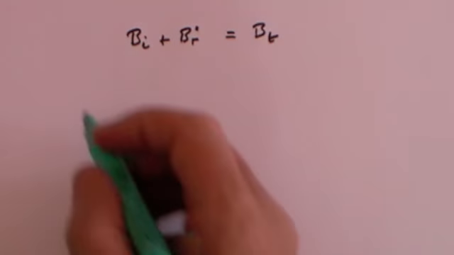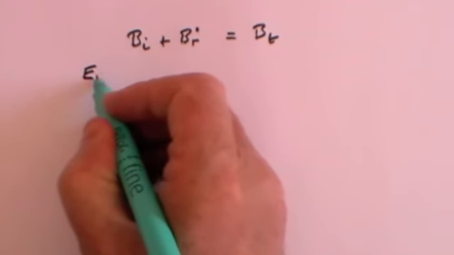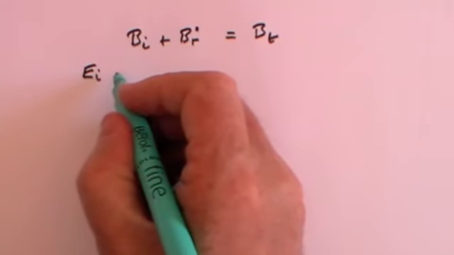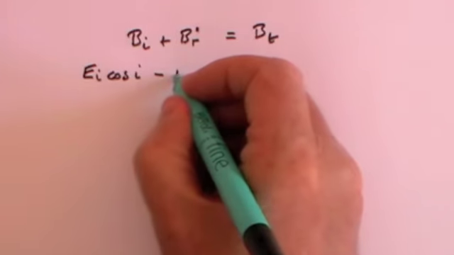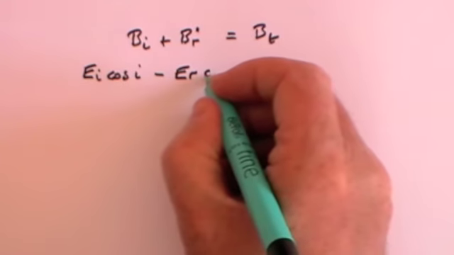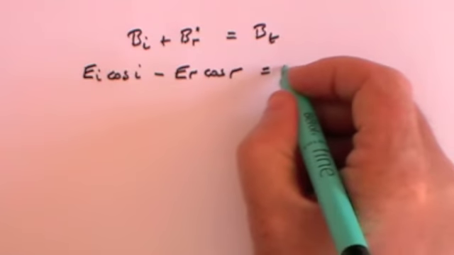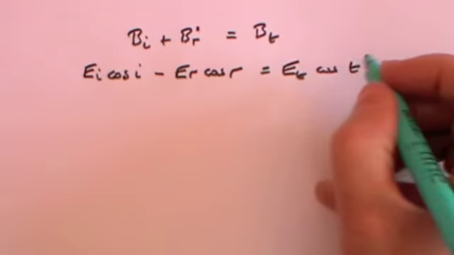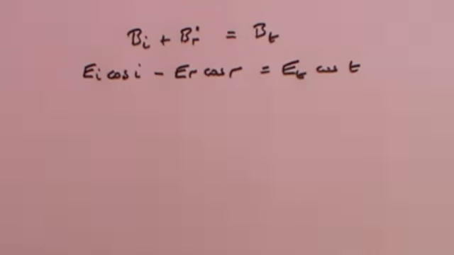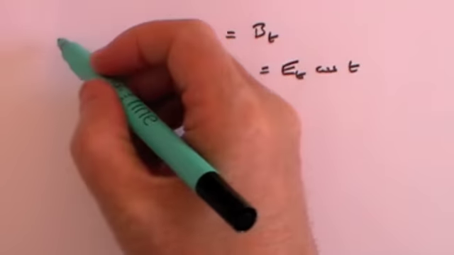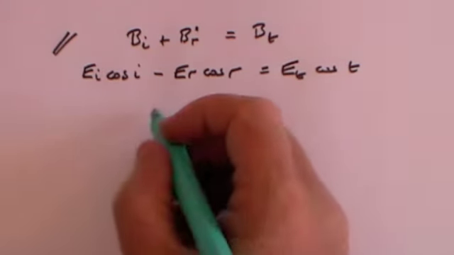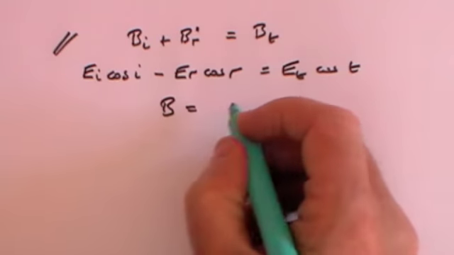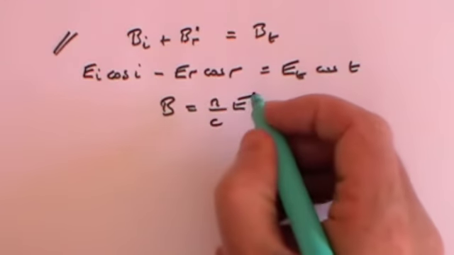So the incident parallel E field will be EI, and then the parallel one, or the horizontal one, you remember, uses the cos term, cosine I, minus ER, because it's in the other direction, of cosine R, equals ET of cosine T. That's the same principle that we used earlier when we were looking at the perpendicular E field, but now, of course, we're looking at the parallel E field. It's the E field that's parallel to the paper. And once again, we remind ourselves that B is equal to N over C times E.